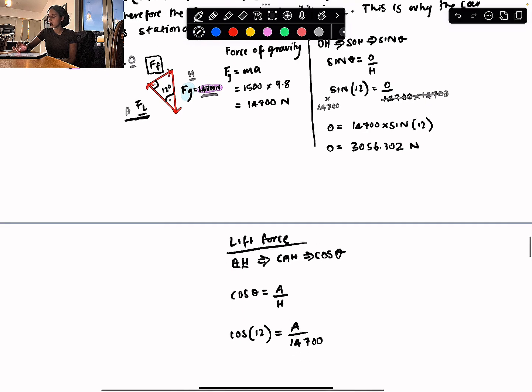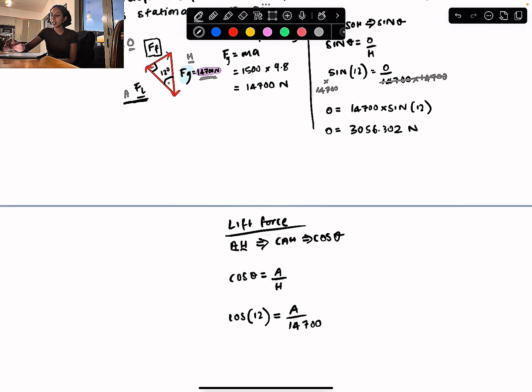14700 newtons. I want to figure out what A is, so I have to get rid of this divide by 14700 by timesing it by itself. Cancels it out. That means I have to times this side by the same thing, and I'm left with A equals 14700 times cosine 12.